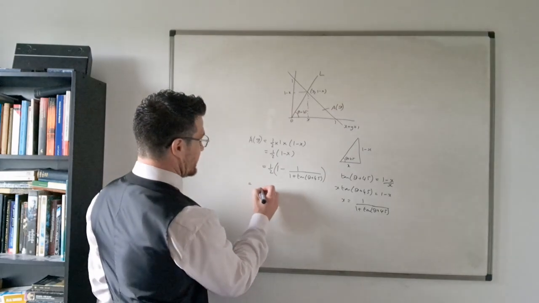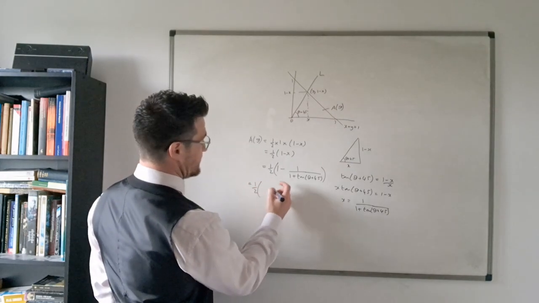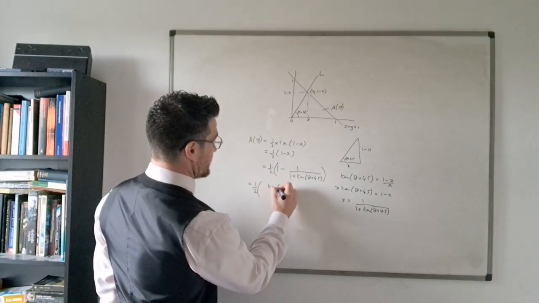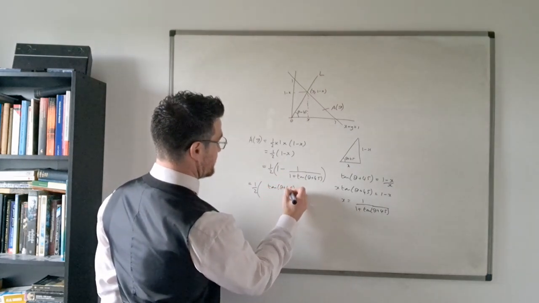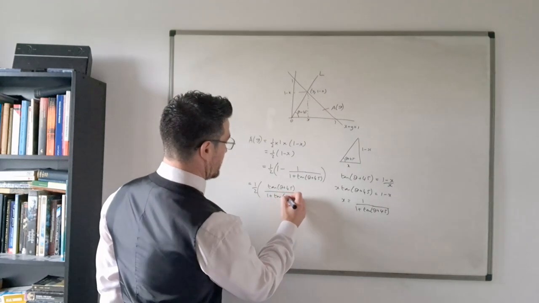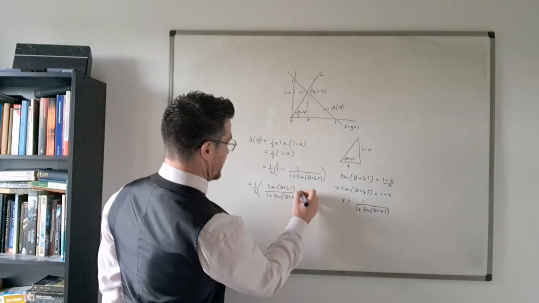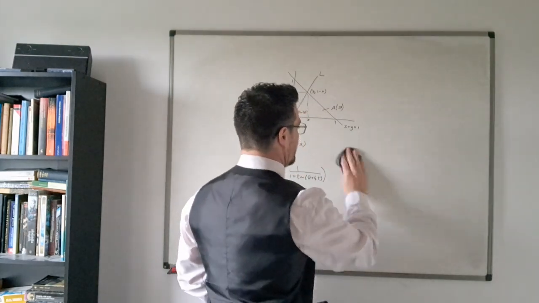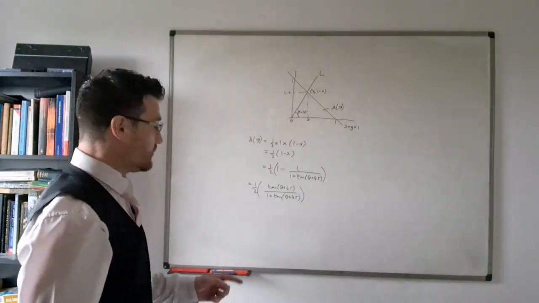So what we're going to get is a half (1 plus tan(theta plus 45)) over (1 plus tan(theta plus 45)). Clear the space here. We're still not done.